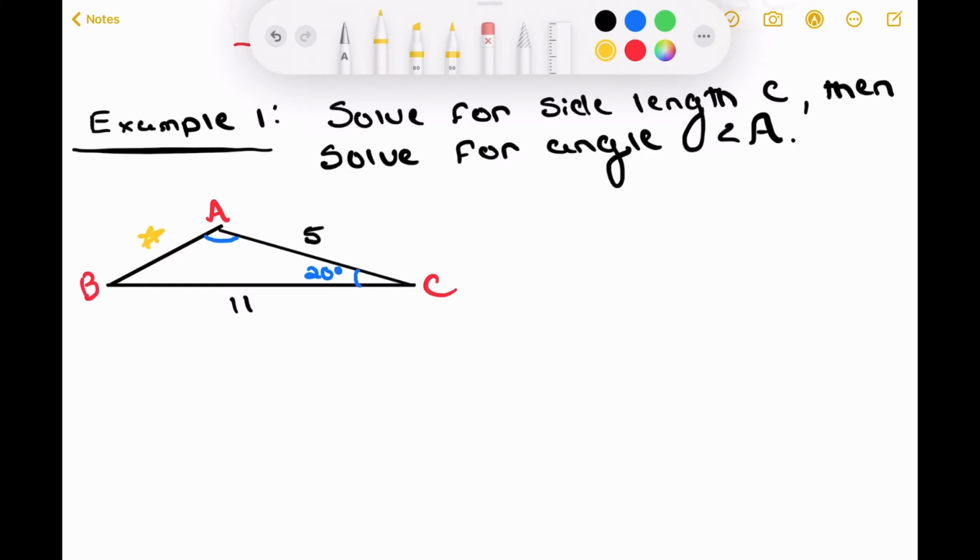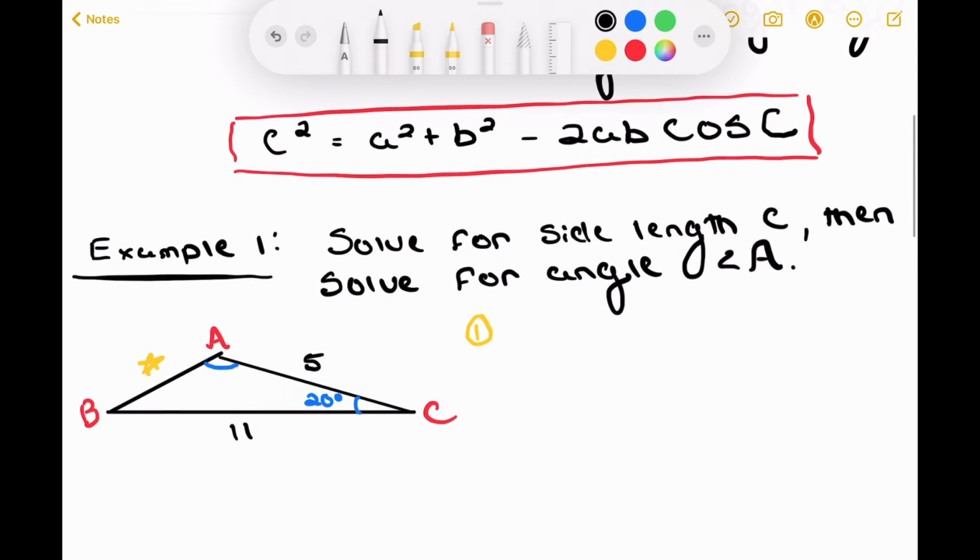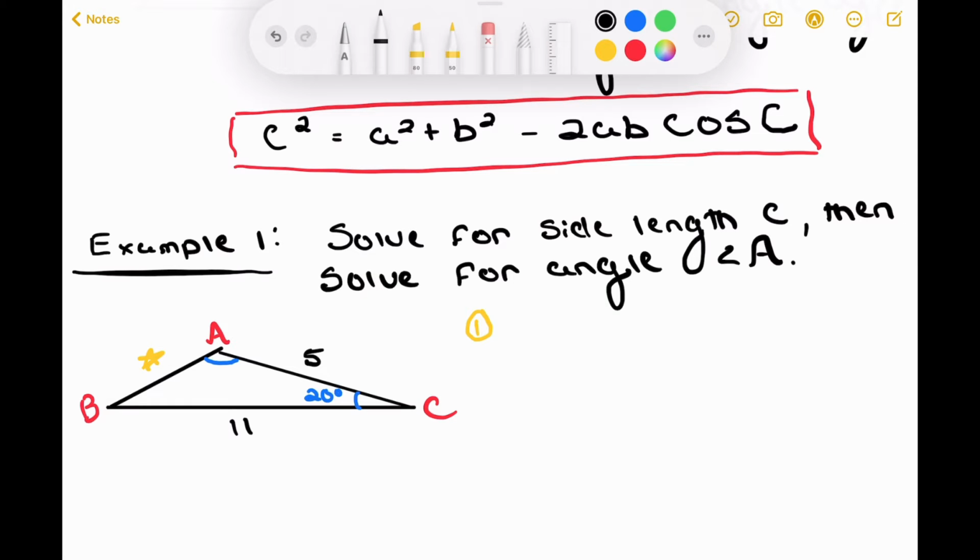For step 1, we should write out the equation based on what we're looking for. We can go right back up to our formula, and it's the exact same formula in the same order that we're going to use for our cosine law, because we're looking for side c. So c squared is equal to a squared plus b squared minus 2ab cosine C. Let's fill in what we know.